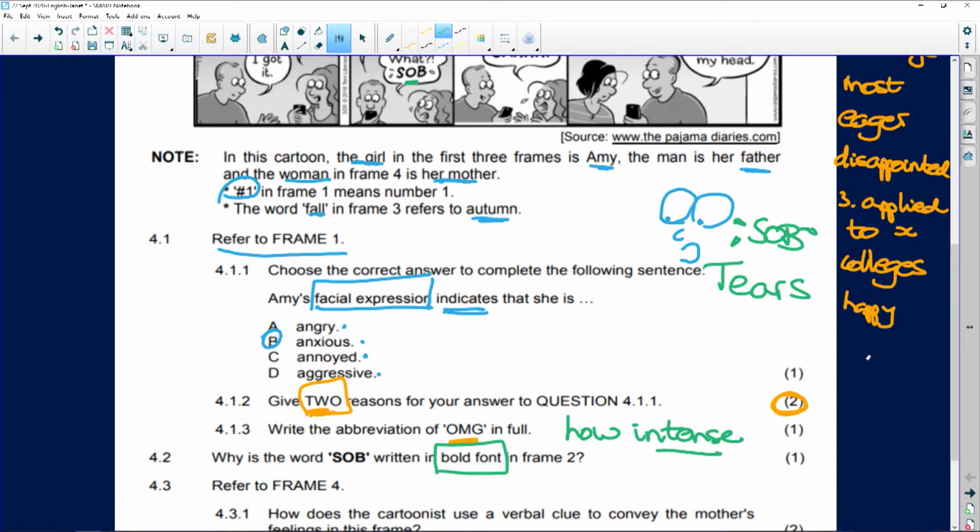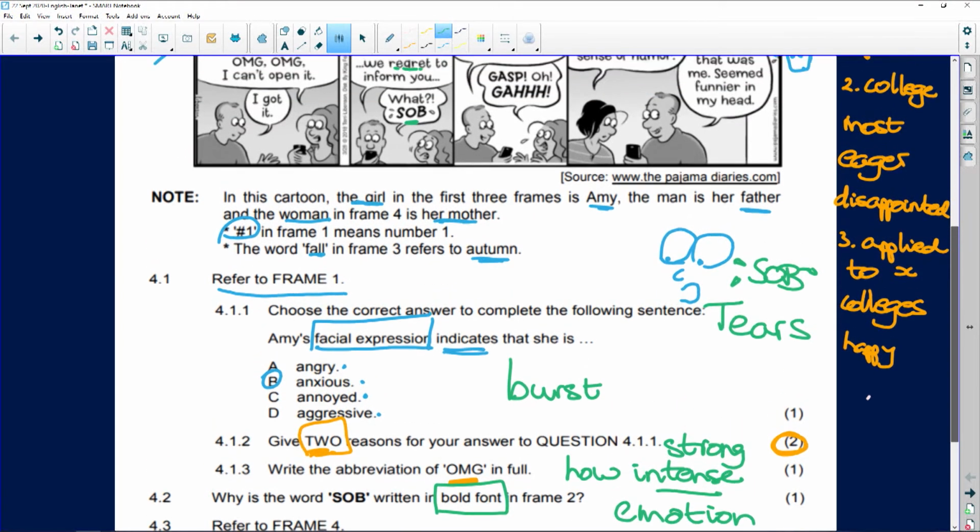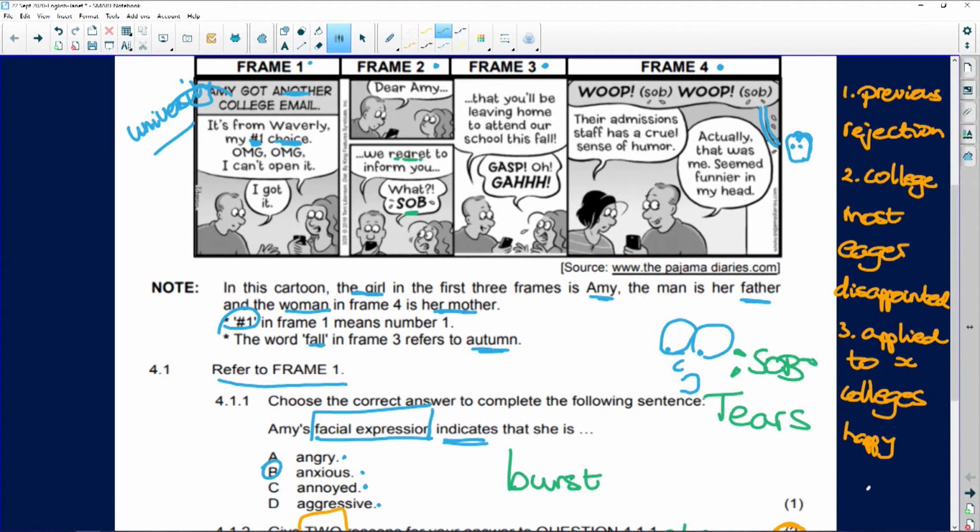Do we know intense? How strong her emotion is? That she's feeling really, really sad. You could say that she has burst into tears, is about to burst into tears. So we don't see the tears there, but look, there's a tear here in frame 3, so she's about to burst into tears.